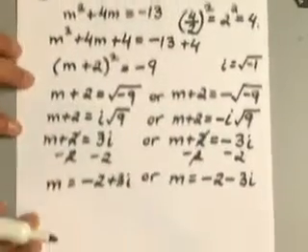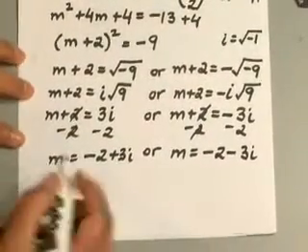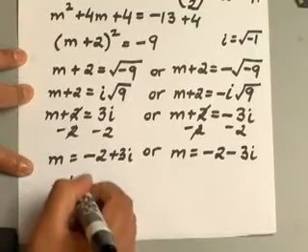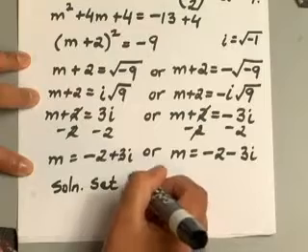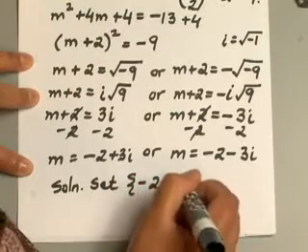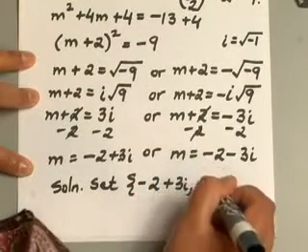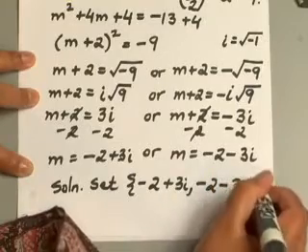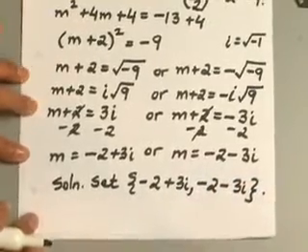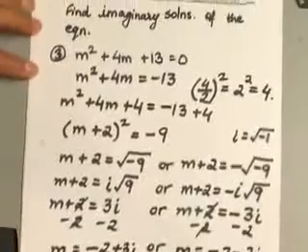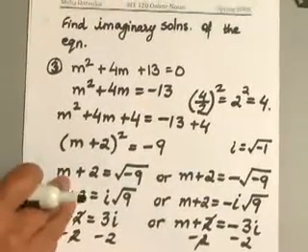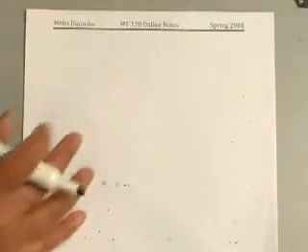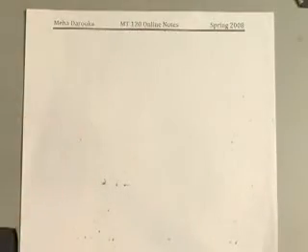And again, try substituting these answers into the original equation and see if you end up with a true statement. Of course you should when you check your solutions, and therefore we can say that our solution set is negative 2 plus 3i and negative 2 minus 3i. So that's how you would work with imaginary solutions on a quadratic equation.